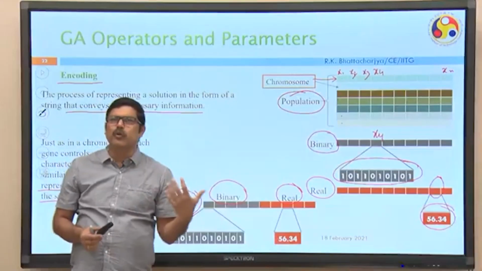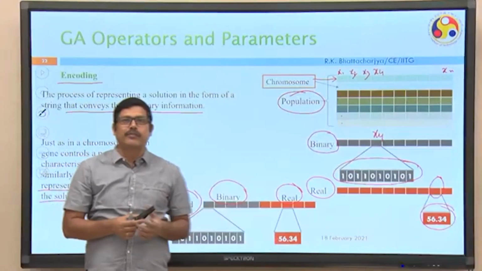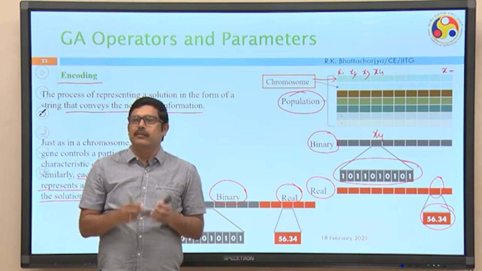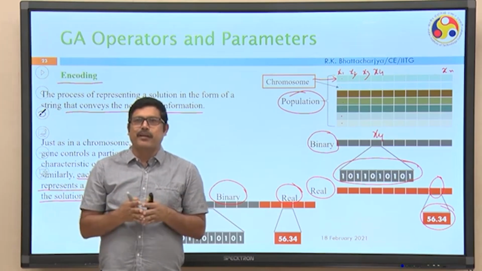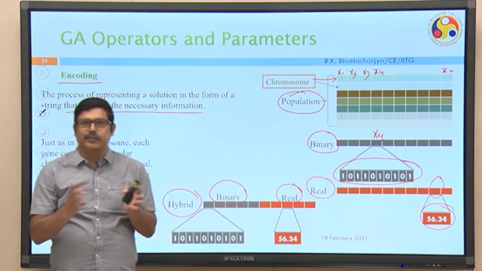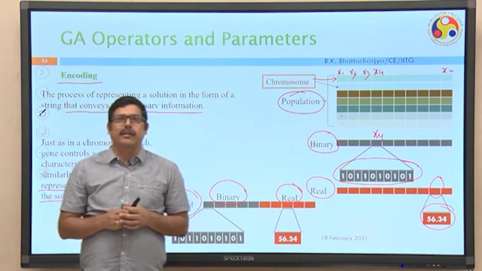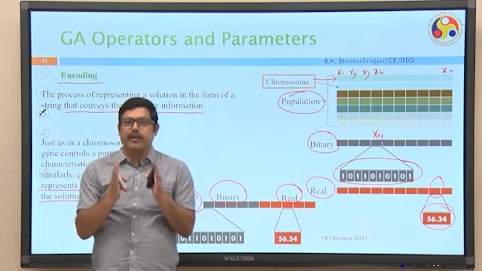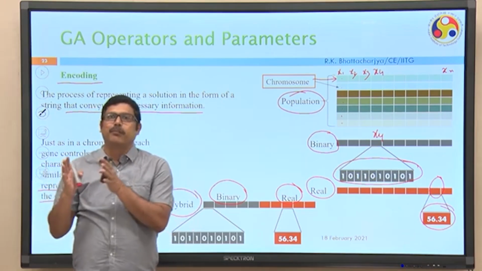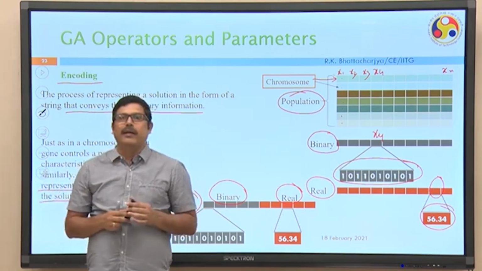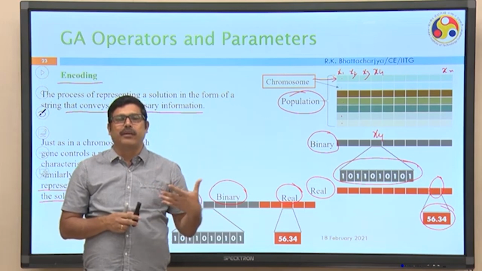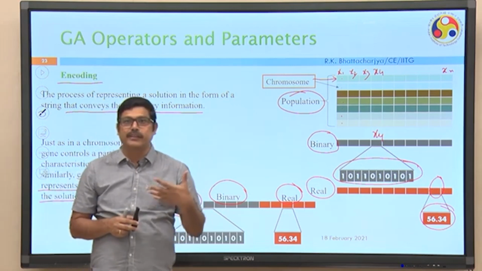So we can consider a binary string, a real string, or a string where part is real and part is binary. If you are using binary, we call it binary coded GA.